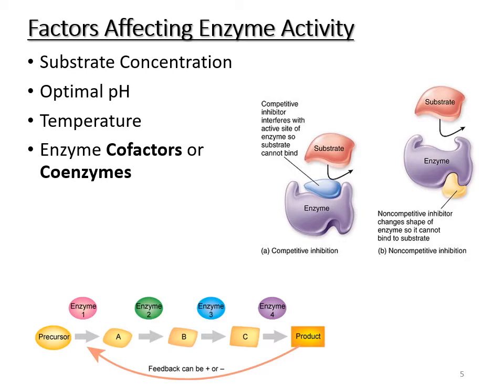They are inorganic molecules that help activate enzymes, that help enzymes to work, okay? So cofactors are inorganic metals or minerals that activate enzymes, whereas coenzymes, these are organic vitamins that activate enzymes, okay?